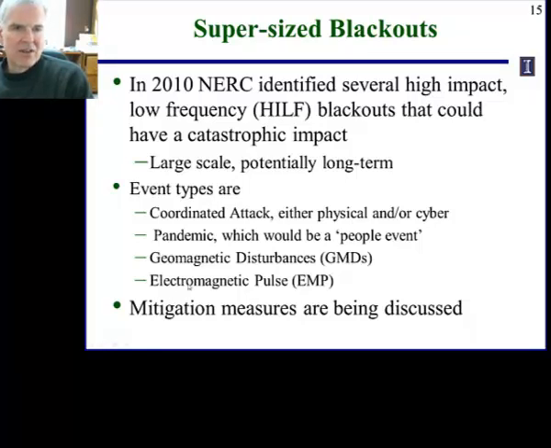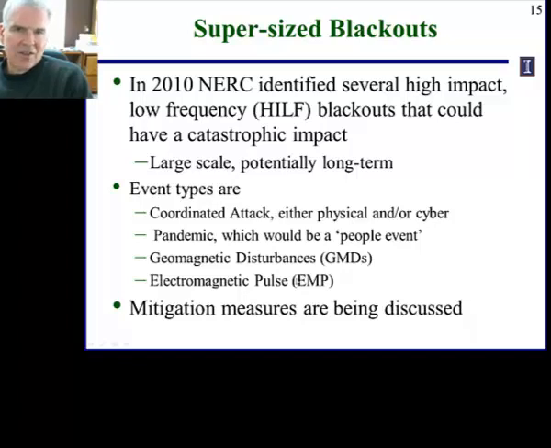The last of the supersized blackout potential causes that they identified was an electromagnetic pulse, an EMP. An EMP would be caused by a nuclear explosion in the atmosphere. How big the area is that's affected by the EMP would be dependent on how high up the nuclear blast occurs.